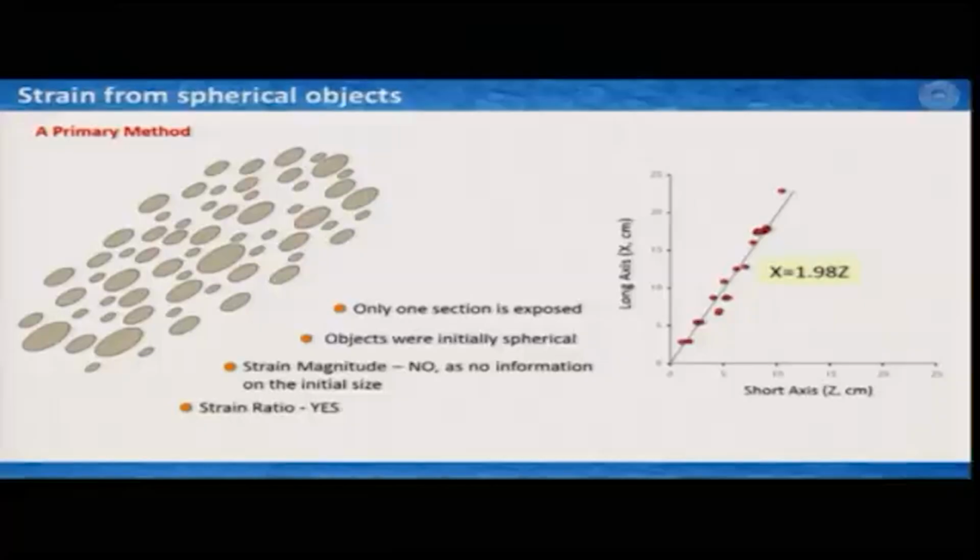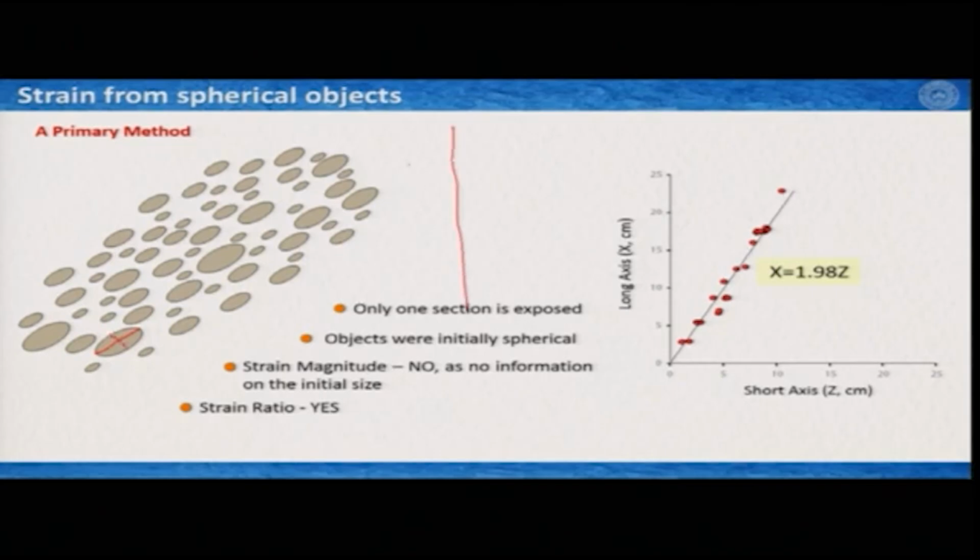If you have these types of features in your field or in your rock or in your sample, then you can get a very basic or primary idea of the strain. It does not give you the strain magnitude, but it gives you the strain ratio. So here is a very simple example: I had some initial circles, and these circles got deformed to form these ellipses. So you can measure the long axis and you can measure the short axis.